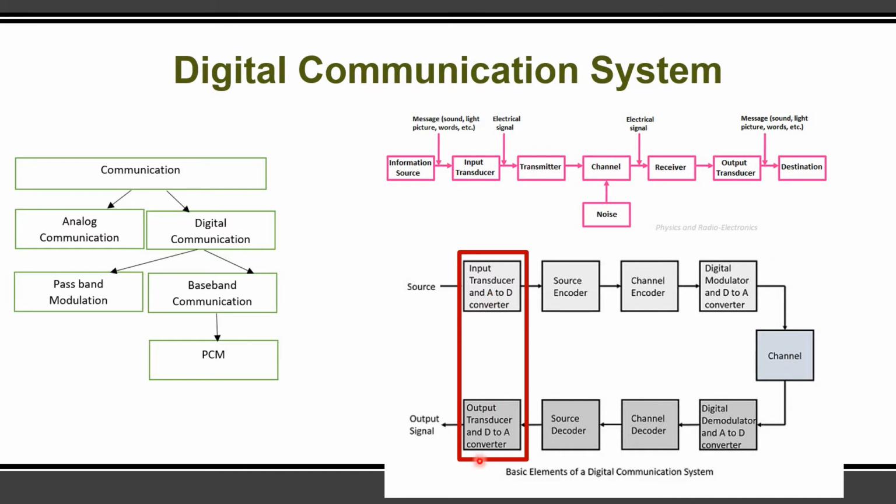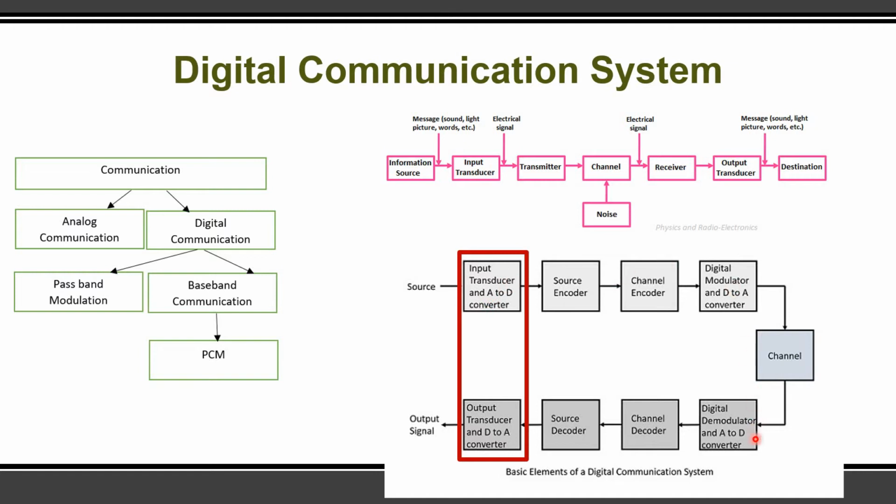Similarly, on the receiver side, there is digital to analog conversion. So the major difference is that all the blocks after the transducer process only the digital signal, zeros and ones only. The information is completely converted to binary. That binary signal only is processed and transmitted.